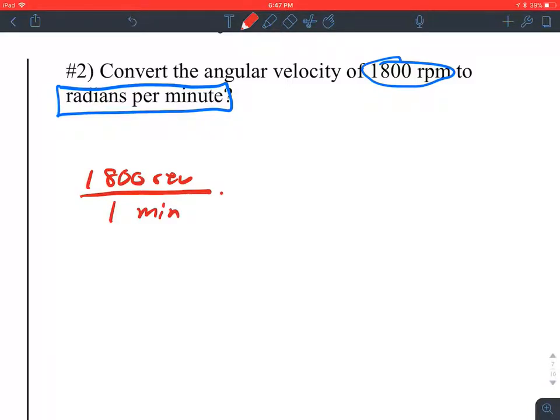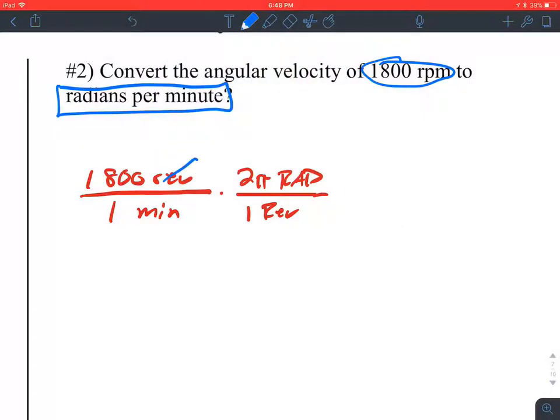We have to multiply this by 1, because if you multiply by 1, it doesn't change its value. But we want to change the units. 1 revolution is equivalent to 2 pi radians.